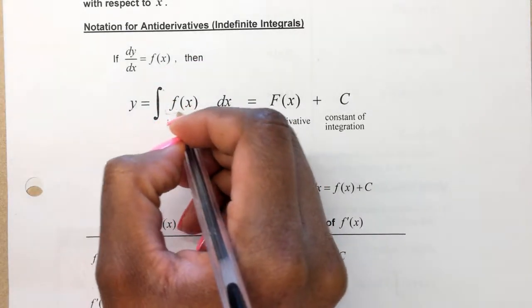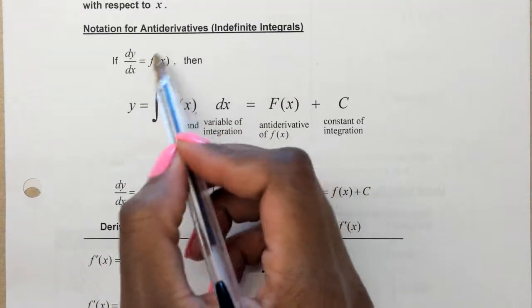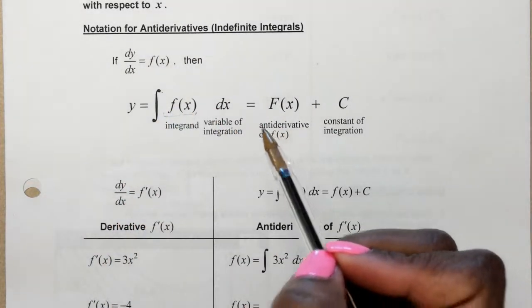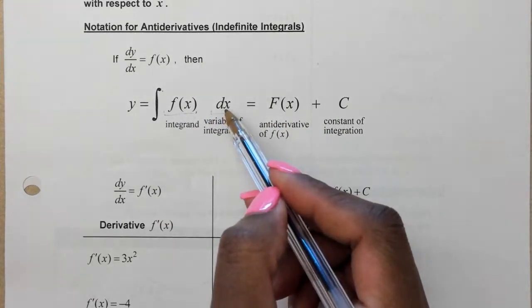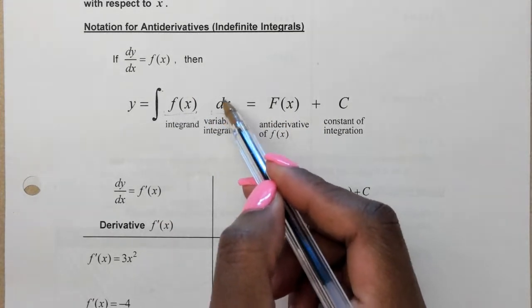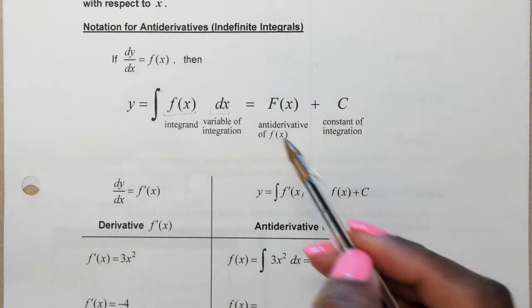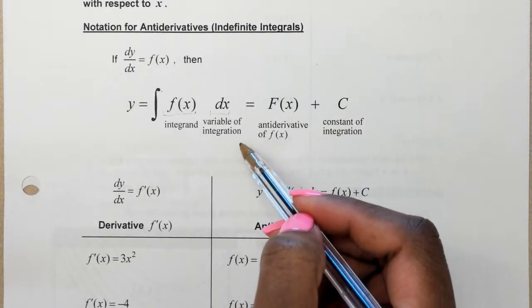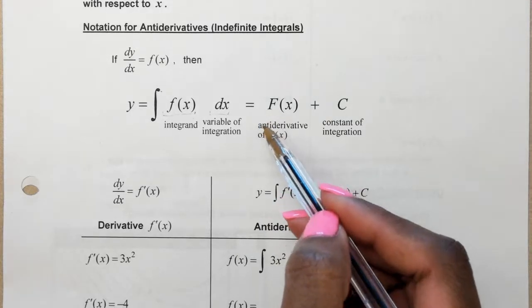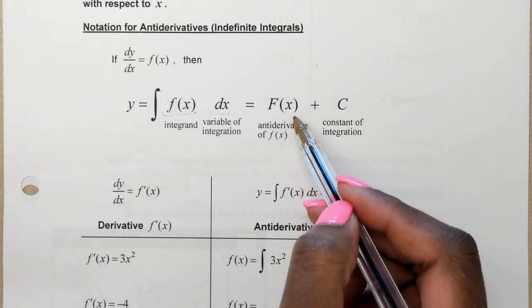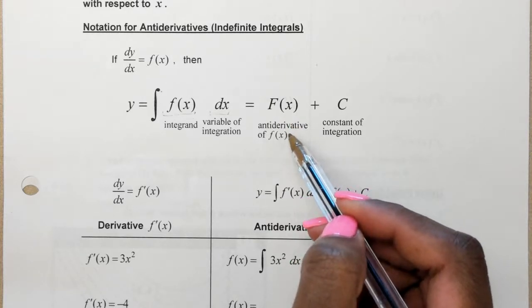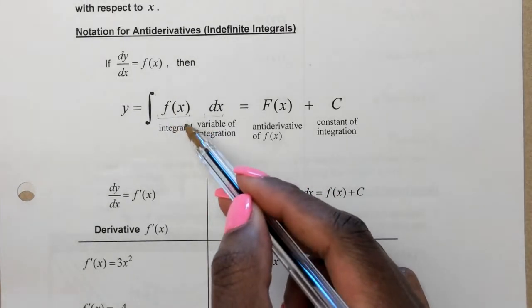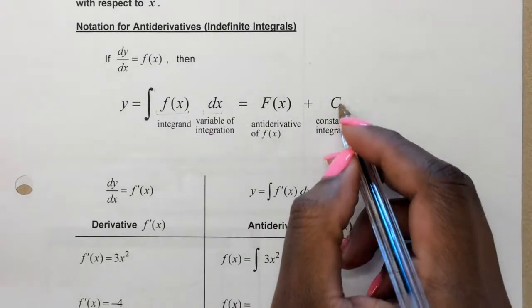So the integrand would be whatever the derivative function is, dx, which tells me what I'm integrating in terms of. So I'm going to integrate so that it's in terms of x. We call it the variable of integration, is equal to capital F of x. So this is now the original function before it gets differentiated. Right, so this is the antiderivative of this function plus the constant.